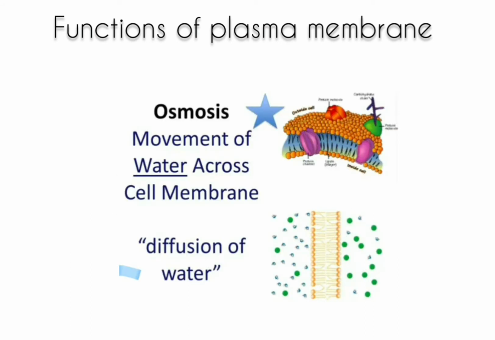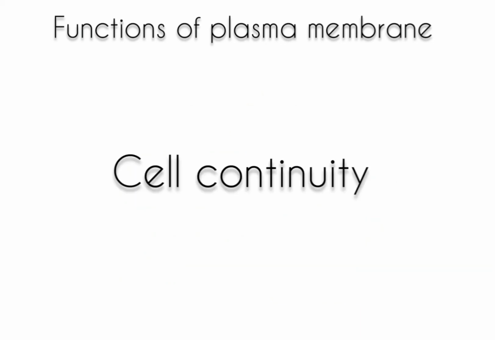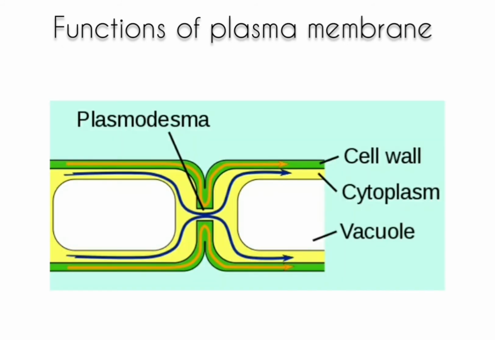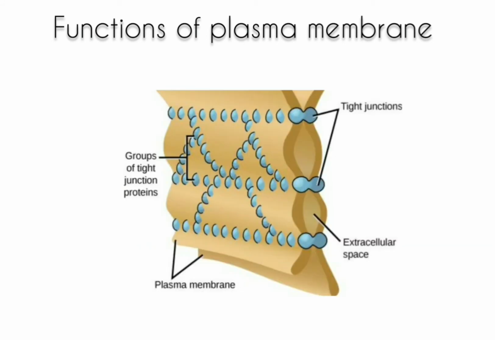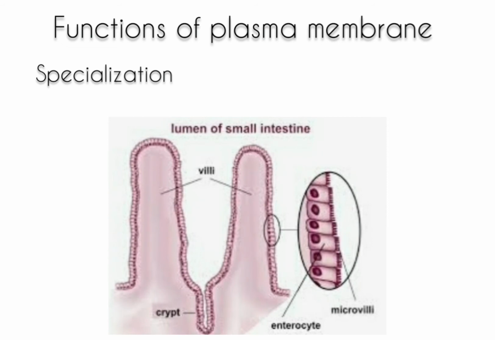Plasma membrane can carry out osmosis as we have seen in the experiments, and then cell continuity. Plasma membrane helps adjacent cells to join and to form plasmodesmata and cell junctions. Then there is specialization.